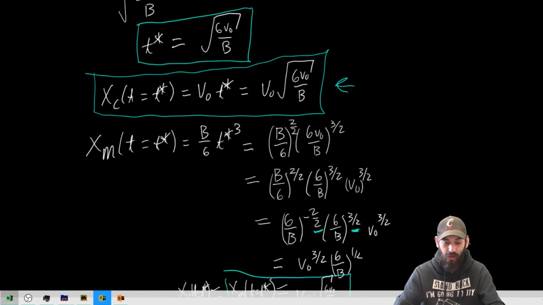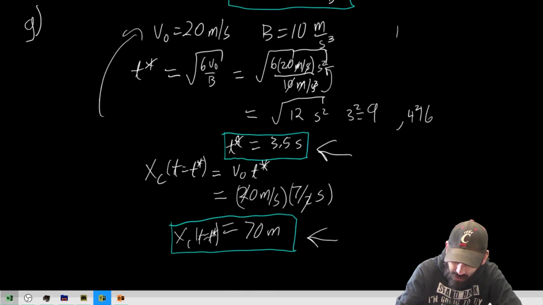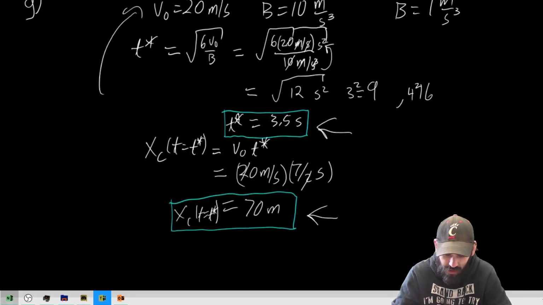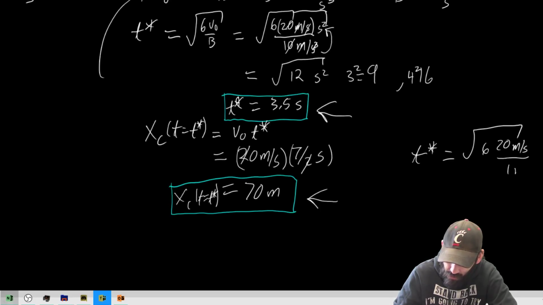We can say, okay, well, what happens if I make b equal to 1 meter per second cubed, and then we can run through our calculation again. So this is going to say that the time t star is going to be equal to the square root of 6 times 20 meters per second divided by 1 meter per second cubed.